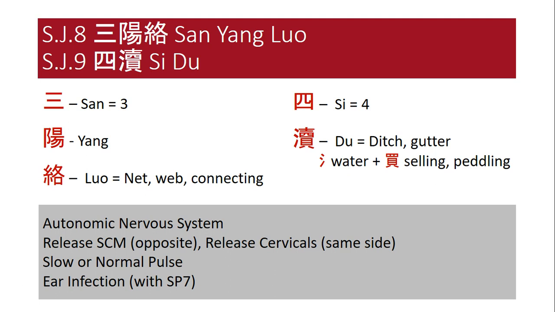Sanjiao 8, Sangyang Luo, has a similar idea in the name as spleen 6, San Yin Jiao. We basically have 3-arm mile, large intestine 10. We have a 3-leg mile, stomach 36. We have a yin meeting, 3 yin meetings in the legs, spleen 6, and a 3 yang meeting in the arms, Sanjiao 8.